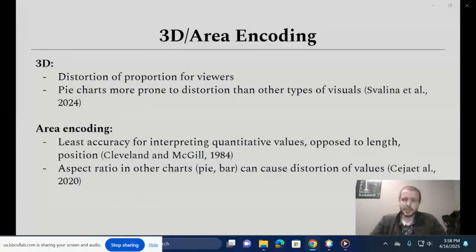I think bubble charts were specifically mentioned in this, because they aren't squares, we interpret the area in them differently than if it was like a tree map. Aspect ratio in other charts, like bar charts and pie charts, can cause distortion of value, even if it's not area encoded. If you start messing with the width and the height of bar charts, it can cause viewer misinterpretation.